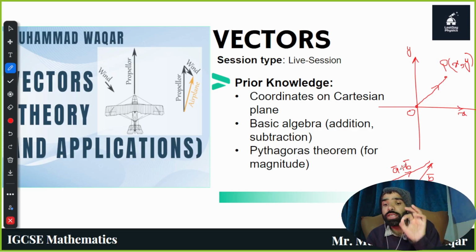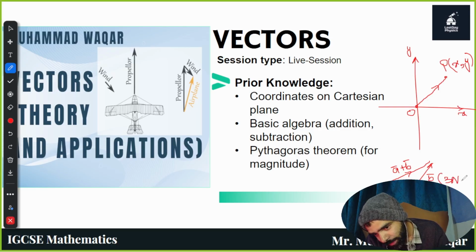That's what we do not do in physics, because in physics we are usually given the vectors' magnitudes, like let's say this is 2 Newton and this is 3 Newton, right? So they were forces, actual quantities. Now we are not dealing with actual quantities.